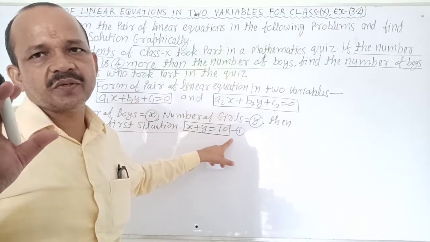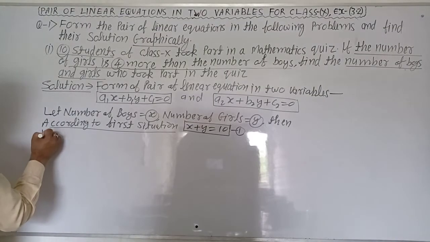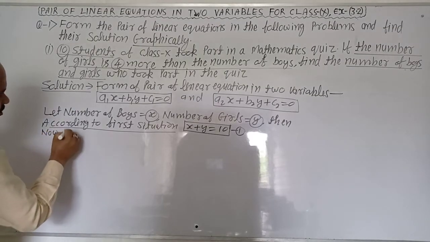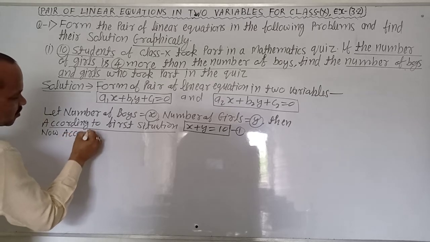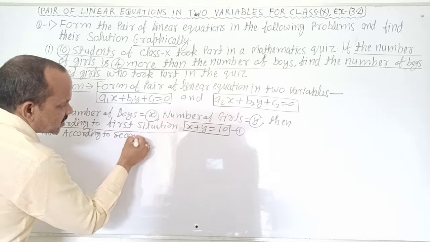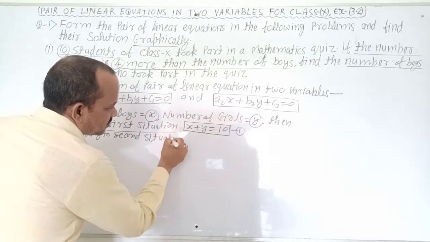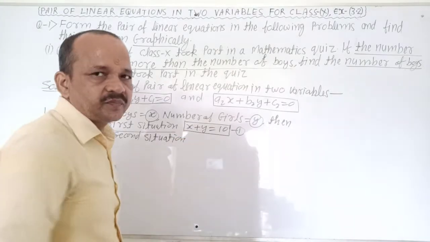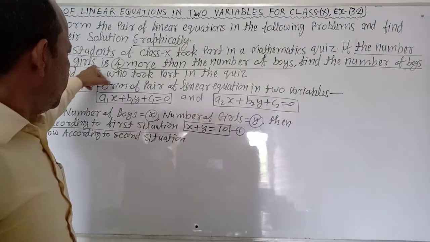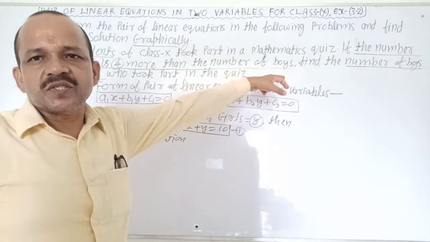It is first equation. Now according to second situation, here number of girls is 4 more than the number of boys.